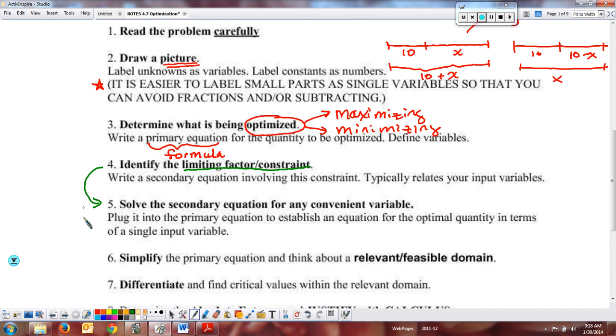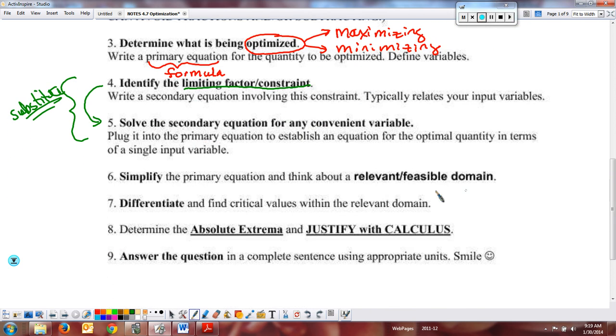The whole point of this part of the problem is for you to substitute into your primary equation so that you get it down to one input variable instead of two or more. Usually once you have that primary equation with one input variable, you do want to simplify. This is more to make it easier for us to take derivatives. That's really our goal: let's simplify it so it's set up to take a derivative.